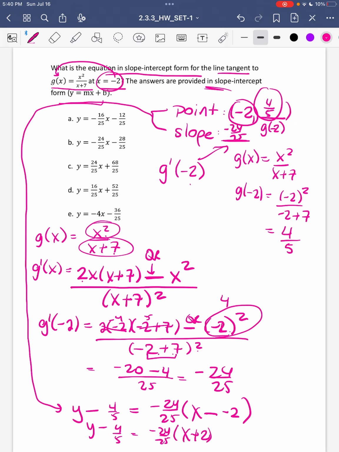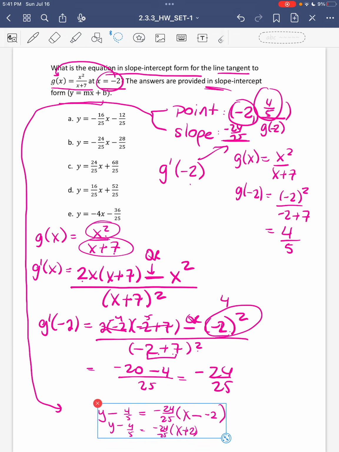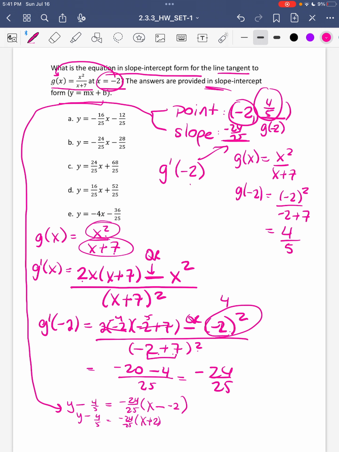And now, since we want that in y equals form, we're going to have to just bring that 4/5 over. So let's add 4/5 to both sides, and that's going to give us y equals -24 over 25 times x plus 2 plus 4/5.